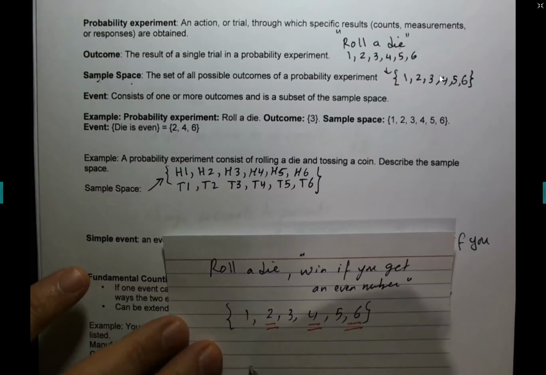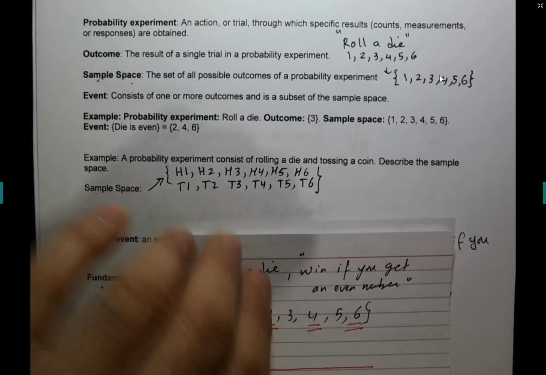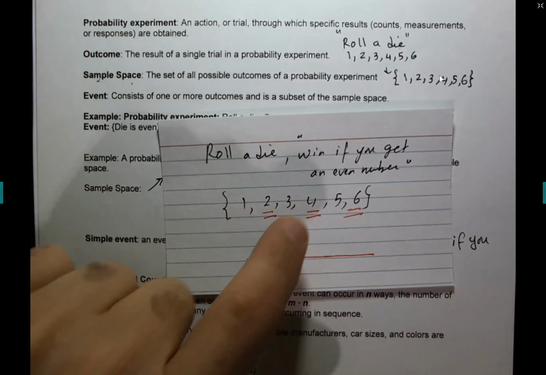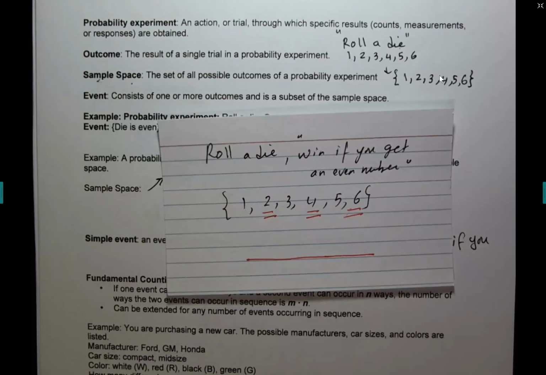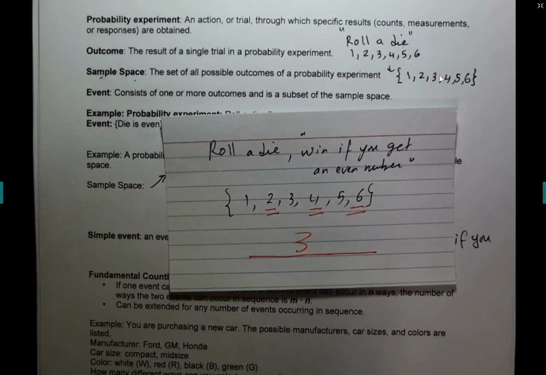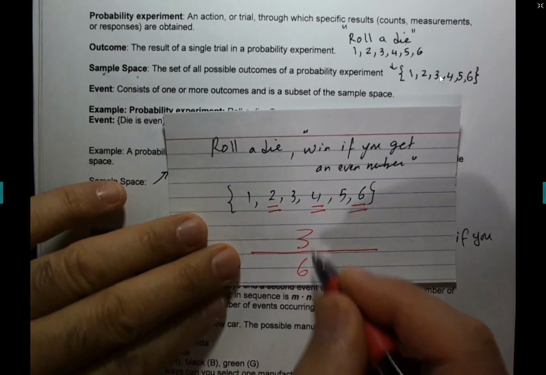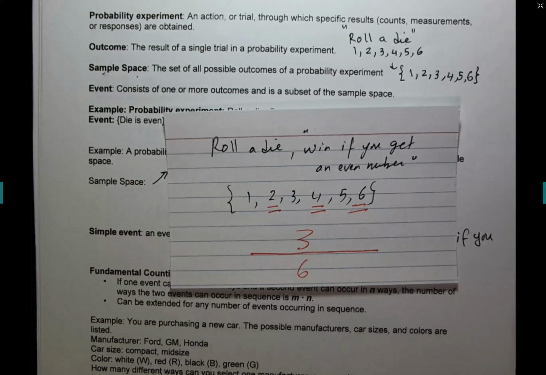Now, when you want to write the probability, which we're going to give you a definition of in a second, look how easy it is. How many values work in your favor? Count them for me. 3. You put it in the numerator. How many values are there all together to begin with? 6. Your chance is 3 out of 6, guys, which is 50%.